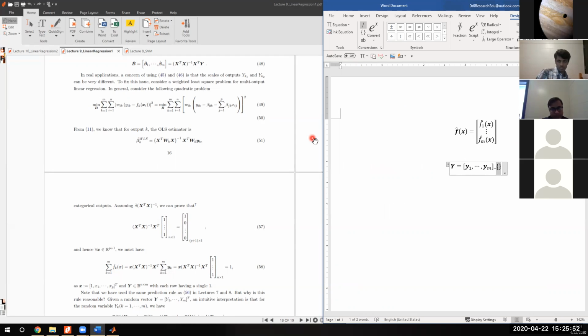Come on, I forgot, it's not LaTeX. N by M. Okay, this is your Y matrix. And then remember, each row of the Y means the multiple outputs for each data point, right? And that's the reason why each row of the Y must sum to 1.